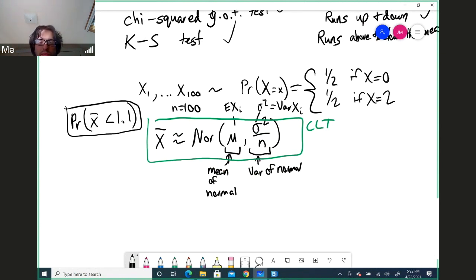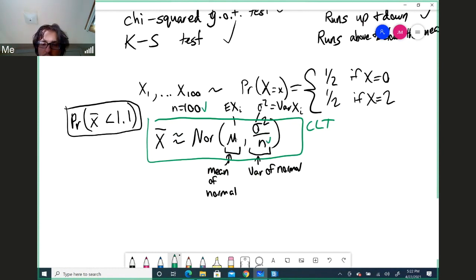All that involves is transforming the inequality into a z-score and then looking it up in a table. But in order to do that, we have to figure out what this mu is, what this sigma squared is, and what this n is. So we know that n is equal to 100.